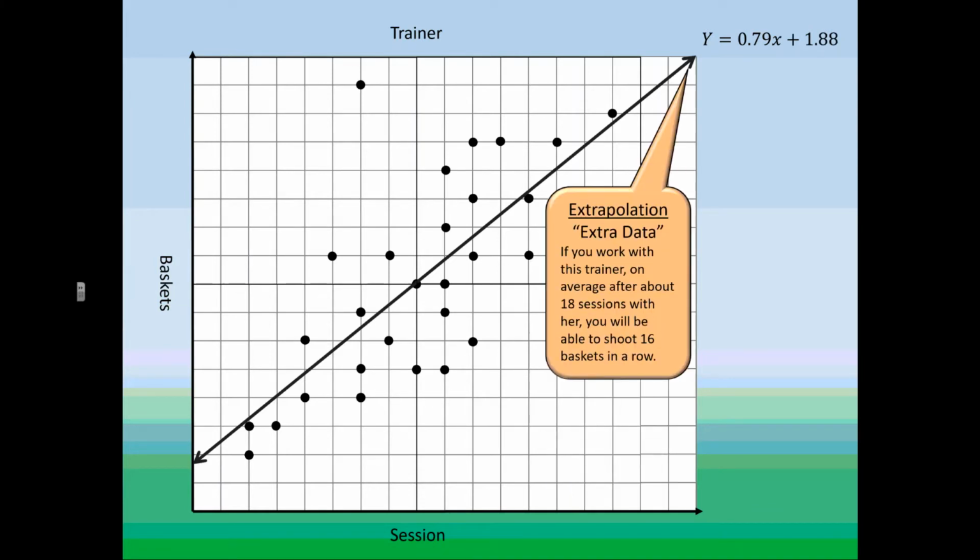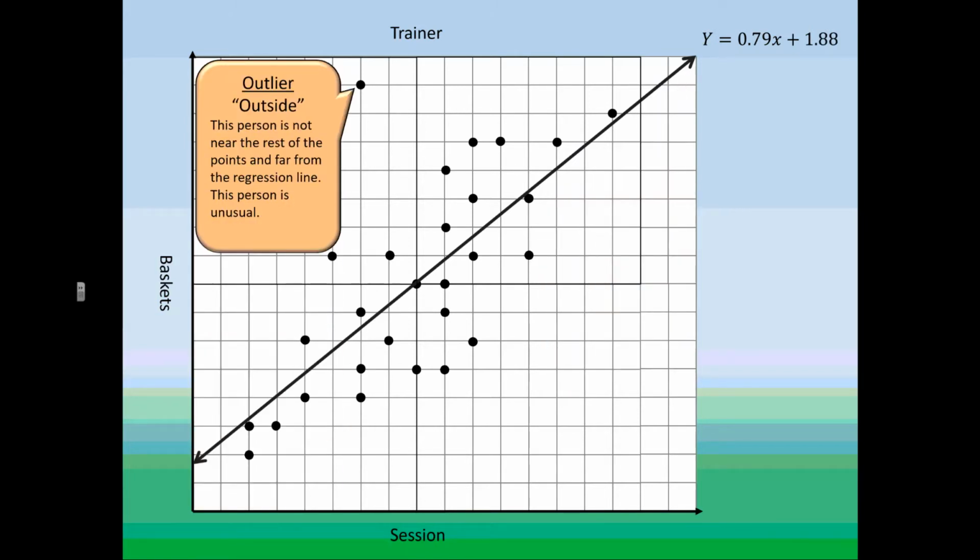Extrapolation means I'm following the trend. In this case, there are no bubbles that are that far ahead, but one of the bubbles is getting pretty close. So if they follow on the same line, that's approximately where they will be 3 sessions from now.